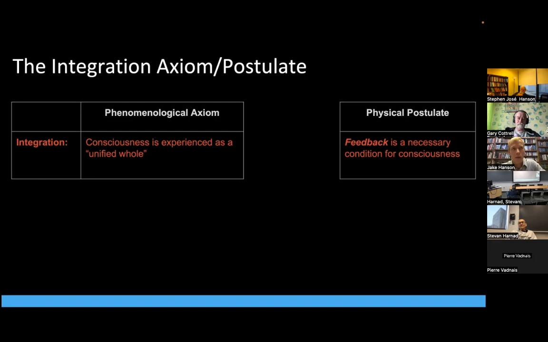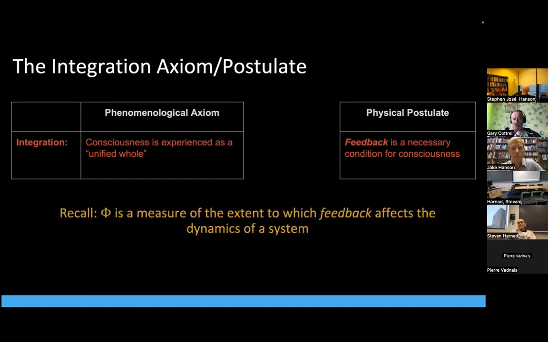They also give an example of a red apple not being experienced as red and apple. I don't really understand that example at all. But the important thing is that this has to be translated into something physical. And what they translate it into is that feedback is a necessary condition for consciousness. And what feedback means here is feedback connections between elements in the systems, like between neurons in the brain.